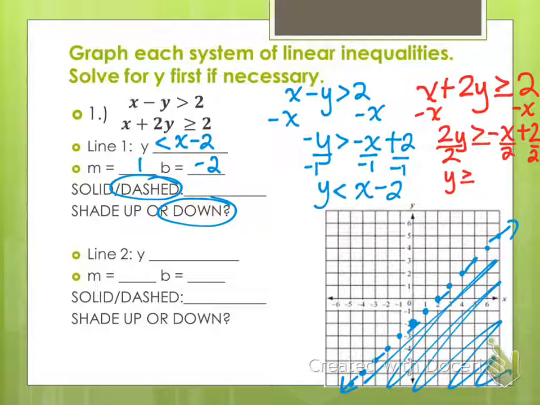Remember that -x is like a -1x, so when we divide it by 2, it becomes -1/2 x. And 2 divided by 2 is 1. So y is greater than or equal to -1/2 x plus 1.